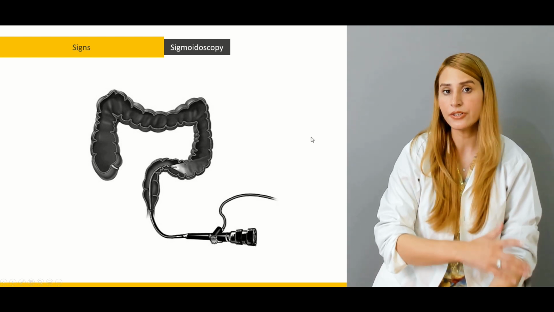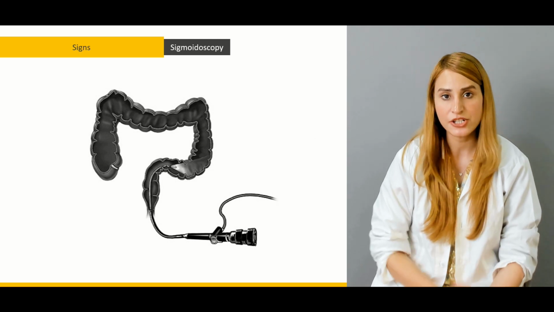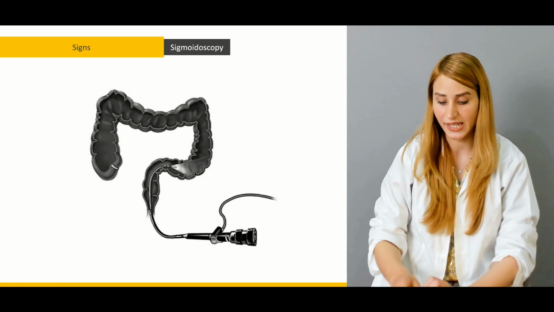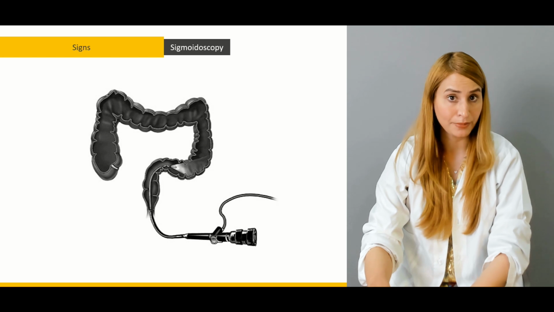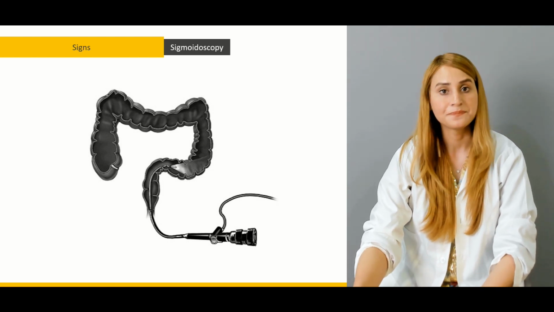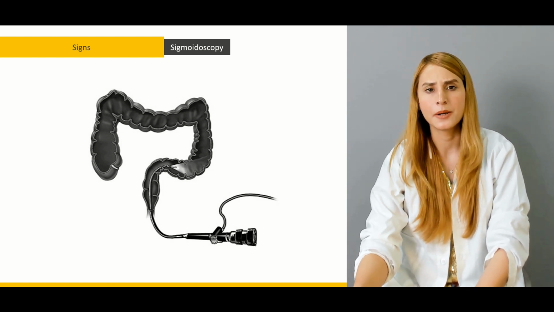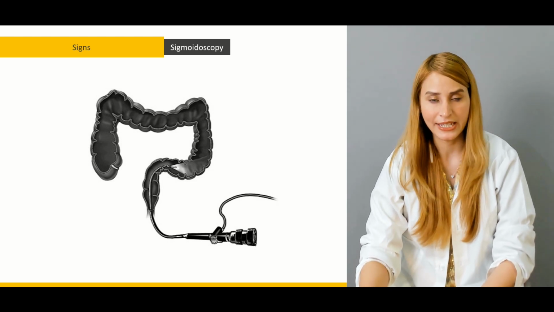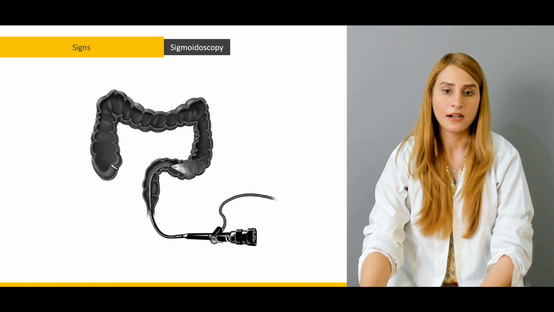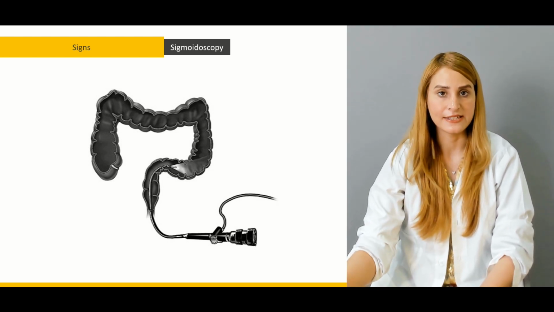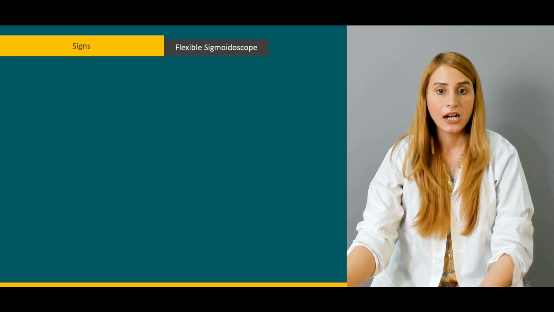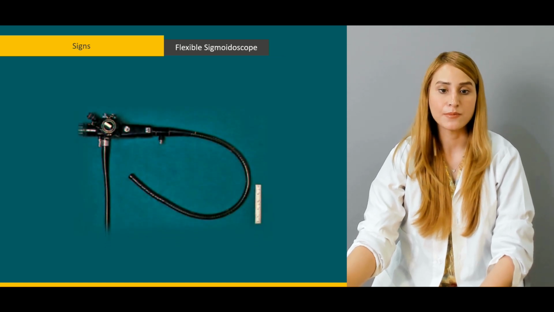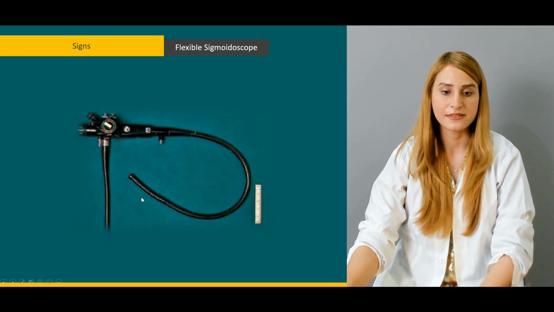So DRE, which is the digital rectal examination, then you go for the proctoscopy, and then you go for the sigmoidoscopy if the patient is complaining of altered bowel habits or per rectal bleeding or mucosal discharge. You have to perform all these one by one. And there's another, the flexible sigmoidoscope.